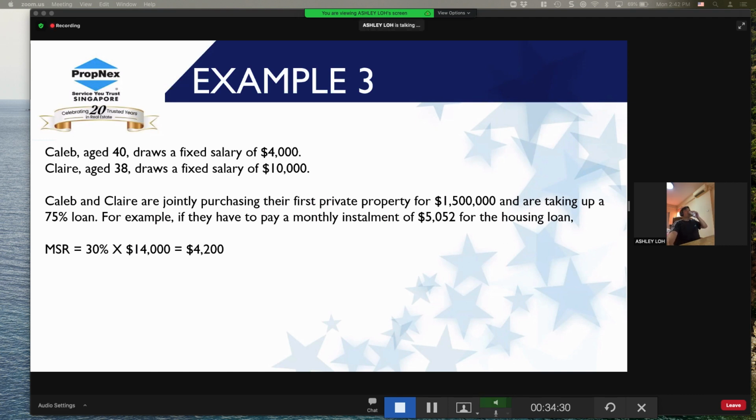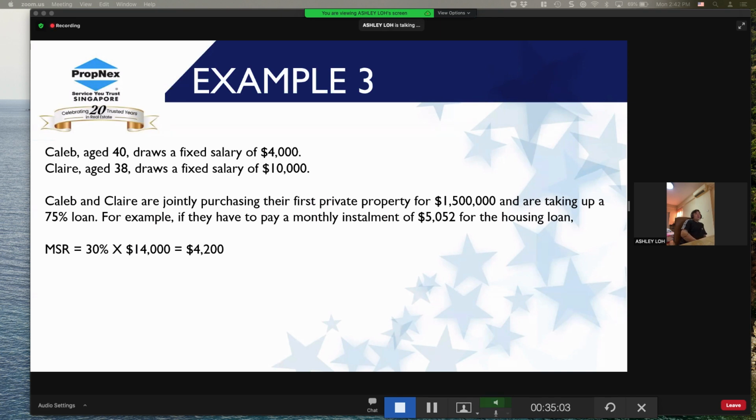First property 1.5 million, taking up a 75% loan. So if you were to key these figures into the TDSR, MSR, the PA app, you are able to find out the loan they can borrow for this first property at 1.5 million.